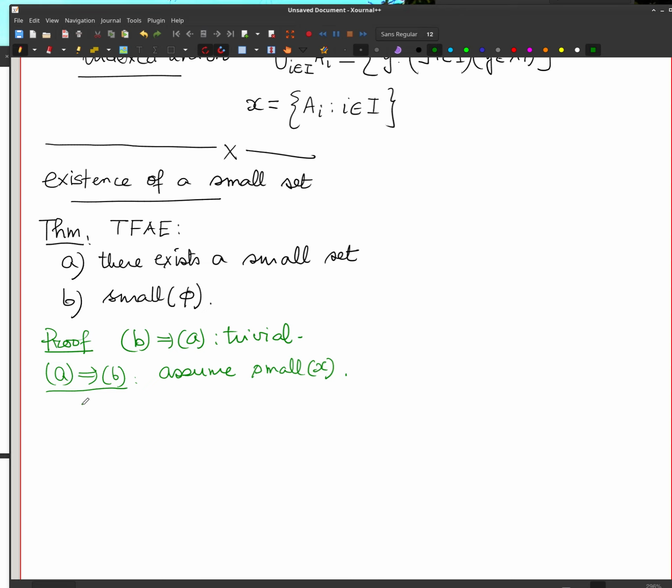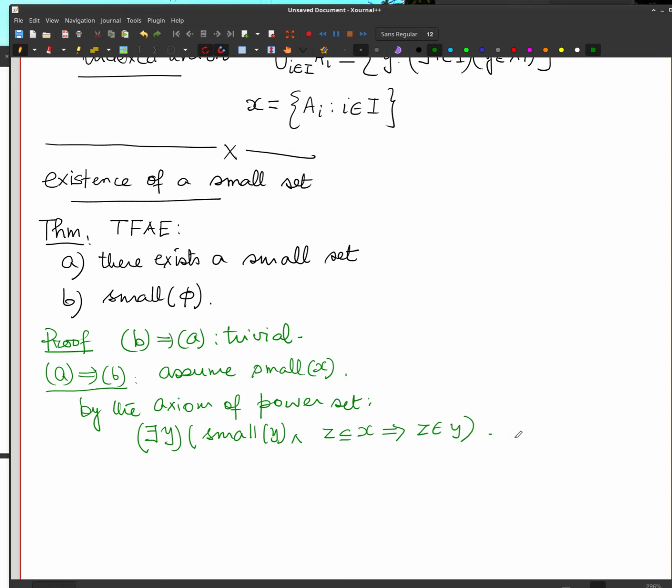Now, by the axiom of power set, there exists a Y such that Y is small and Z is a subset of X implies that Z is a member of Y. Right?